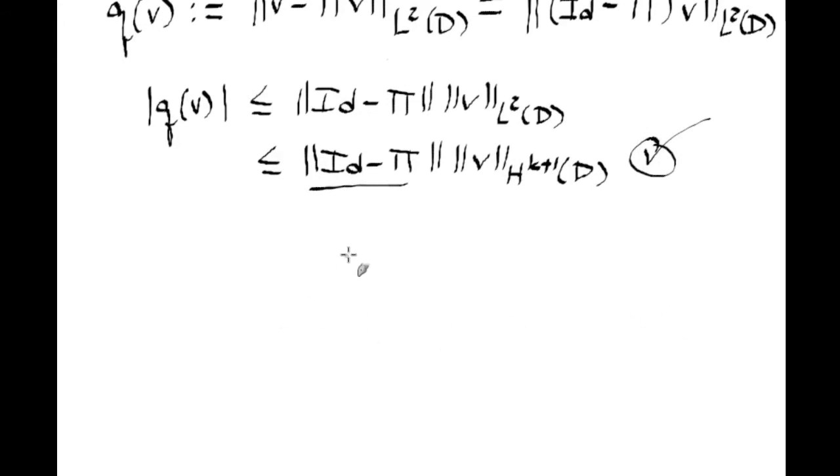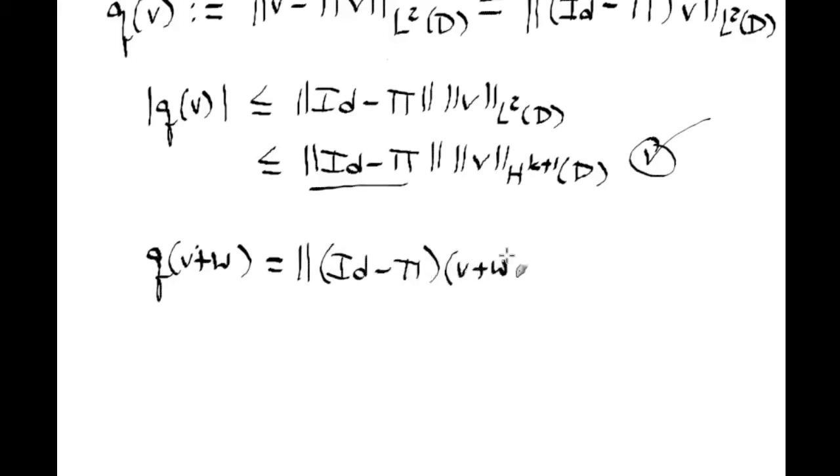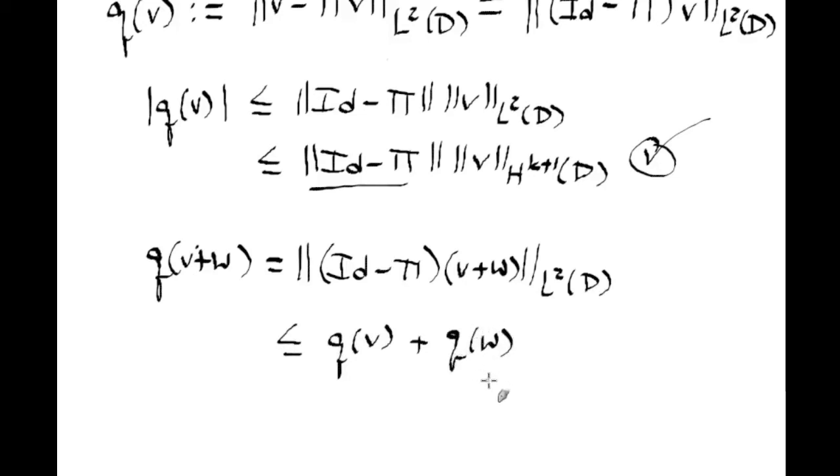Is it sublinear? Well, if you take Q of v plus w, this is what you expect. I'll just go ahead and spare you the details. You can break it apart and apply the triangle inequality, and yes, you will get Q of v plus Q of w.